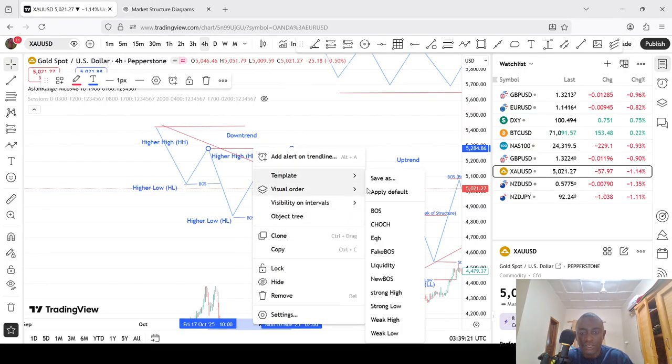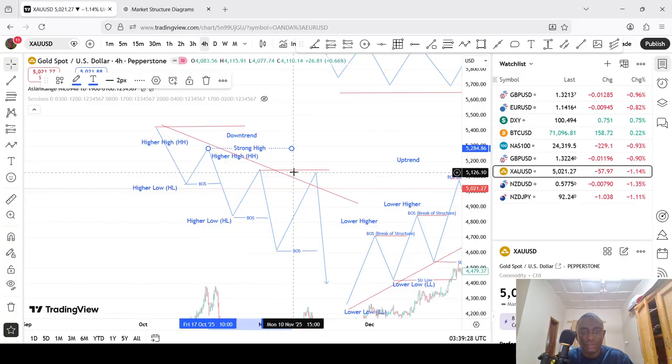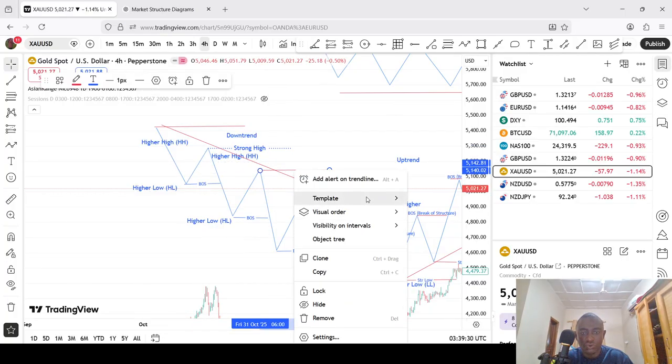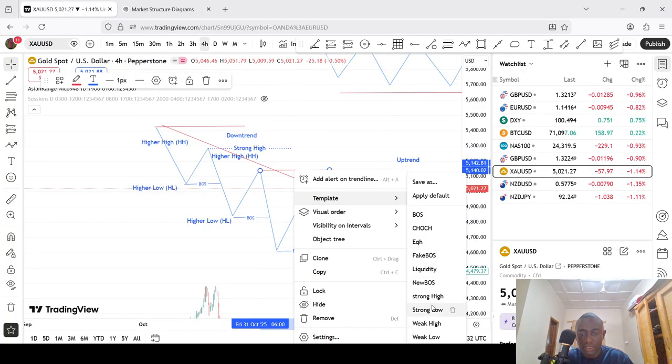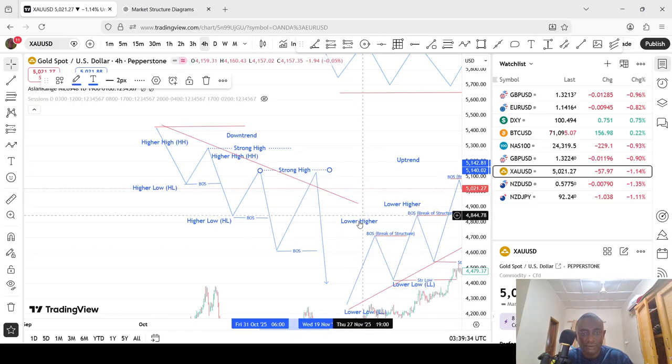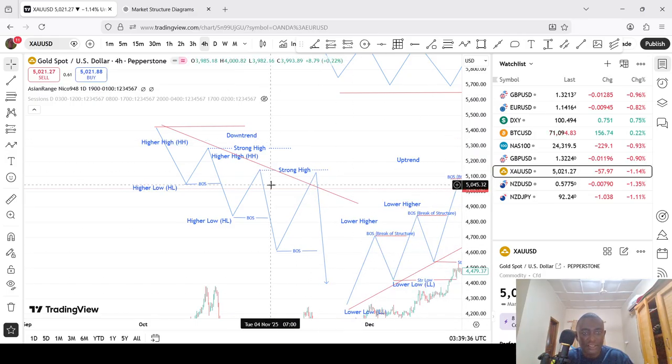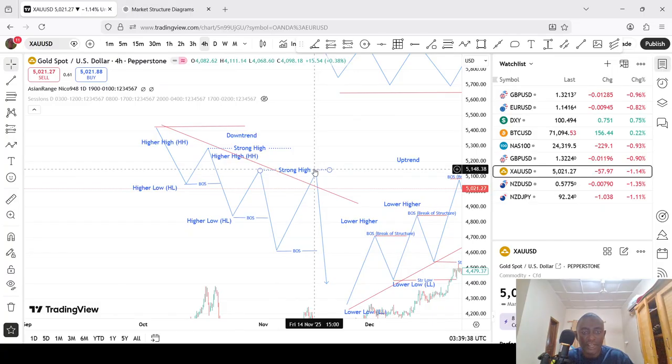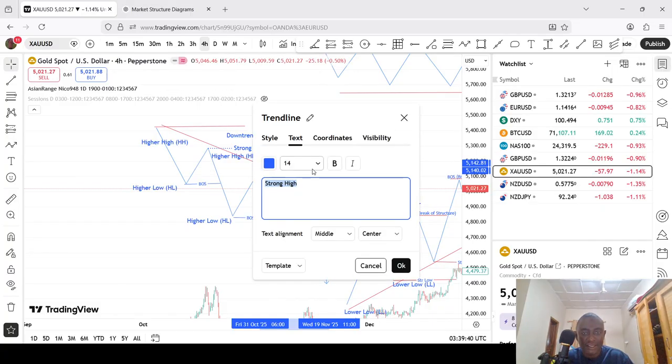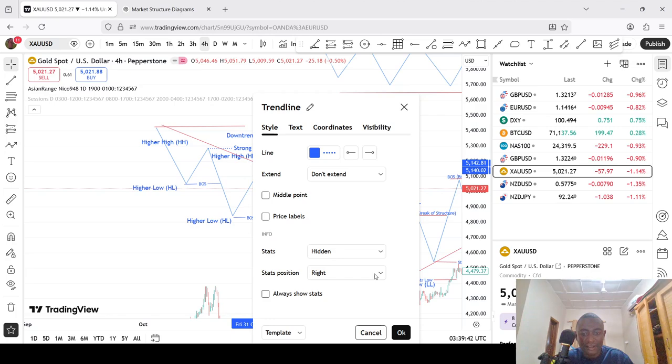Let me go to the template if I have. We have the strong low, I have the strong high too. Okay, so here to clone strong high. It seems I saved it with some dotted lines, but you can double click it. Yes, then you go to style.